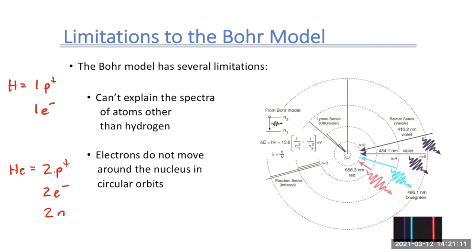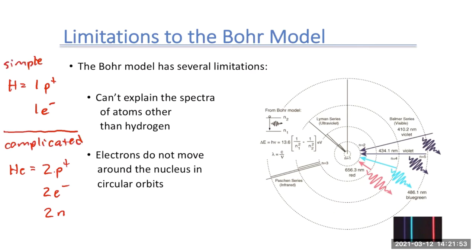It probably changes the electronics a little bit. Having 2 electrons there, if they get really close to each other, won't they repel? Doesn't that make it more complicated? Or what if one electron is on one side of the atom and the other electron is on the other side? Won't that be different than if the 2 electrons are on the same side? So anything higher than hydrogen becomes a much more complicated system.